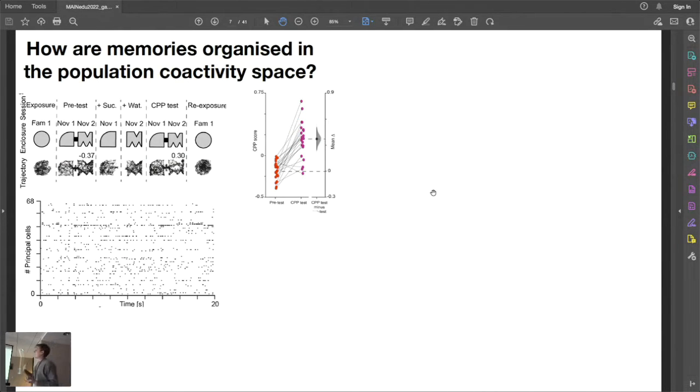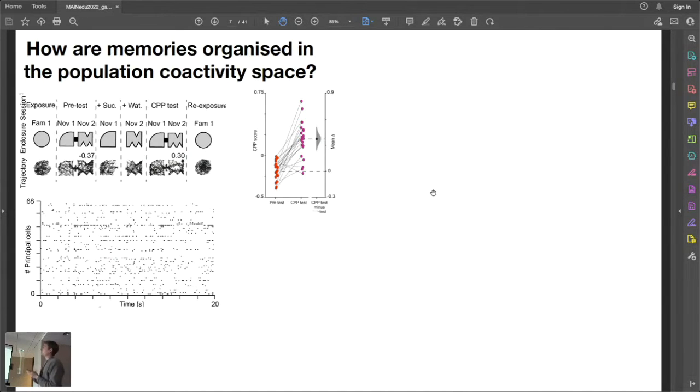And in fact, when we test them after an hour in this CPP test session, which is the same as the pre-test, so the two environments are empty and the animal is just exploring, we actually see that they basically always do change their preference for the environment that has been paired with sucrose.